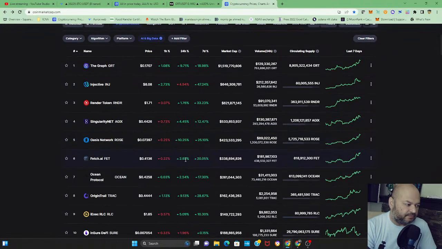Then we have Ocean Protocol, Oasis Network, Fetch.ai. These coins are available to you. Even I think Injective is also available to you. Graph is also available on all the big exchanges where you can buy.